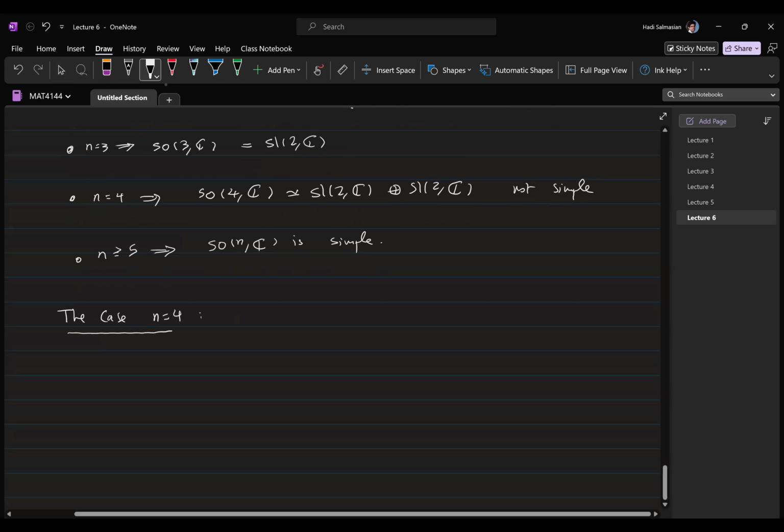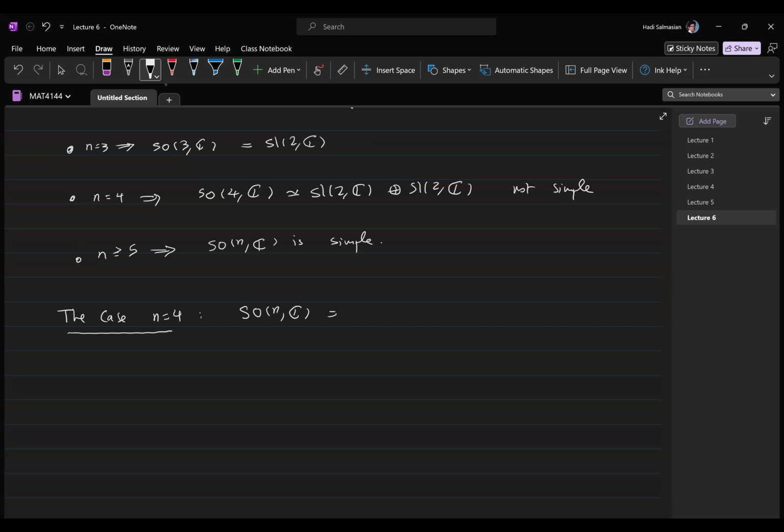Well, in order to see this easily, we need to think about SO and C in a slightly different way, with a different matrix. Remember this SO nC, this group, it was the set of matrices that were isometries of some symmetric bilinear form, right?